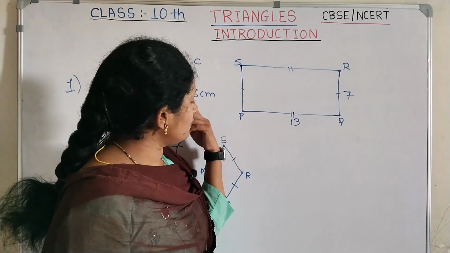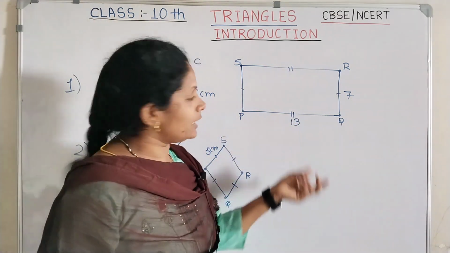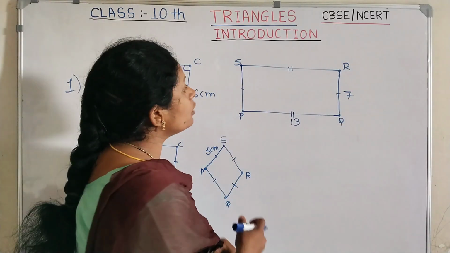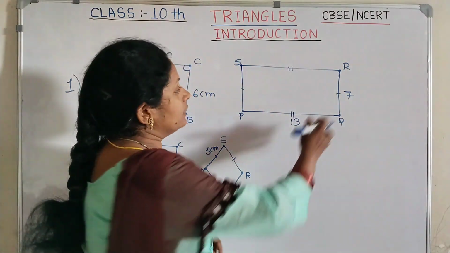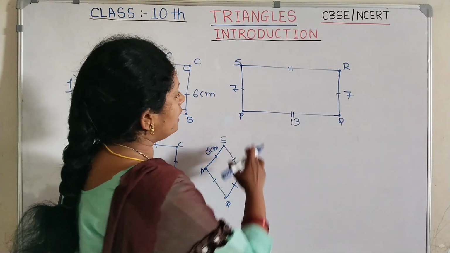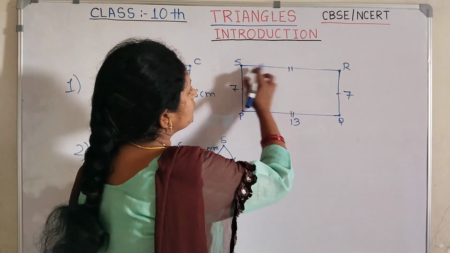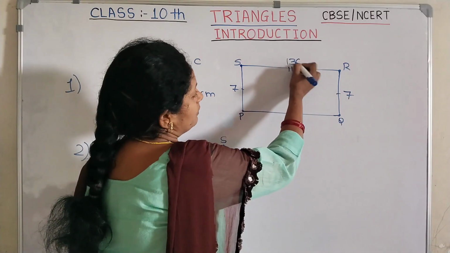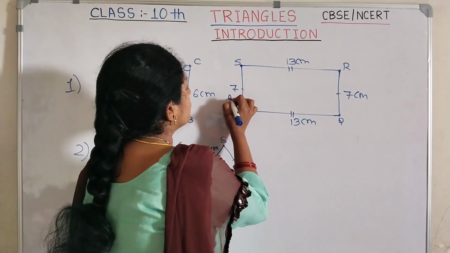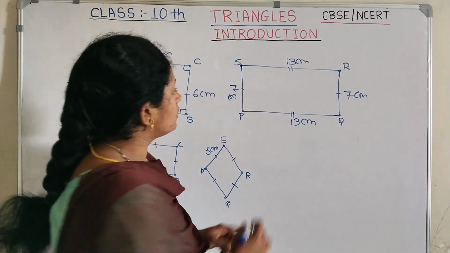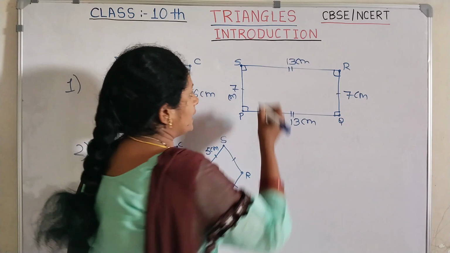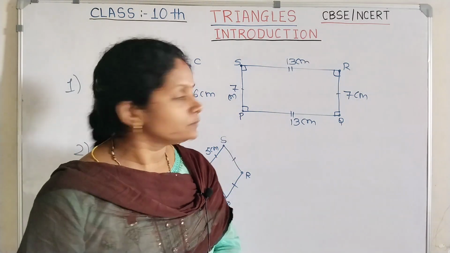Next, the second one, PQRS, is a rectangle. We know opposite sides are equal. Here 7, then PS is also 7. If PQ is 13, then SR is also 13 centimeters. Every measurement is in centimeters. Then here, every angle of a rectangle is a right angle.